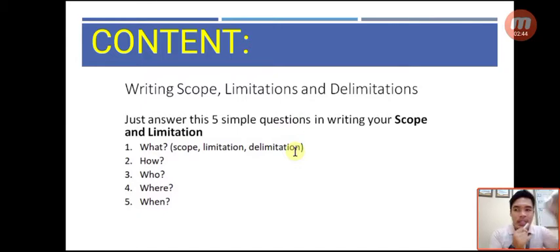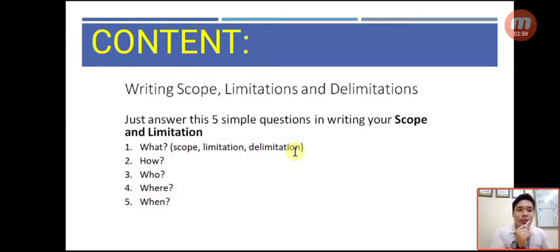So, it is simplified. The scope and limitation is the question from what, how, who, where, and when, is connected or it is indicated with your scope and limitation.